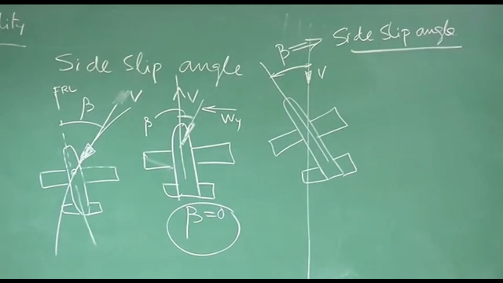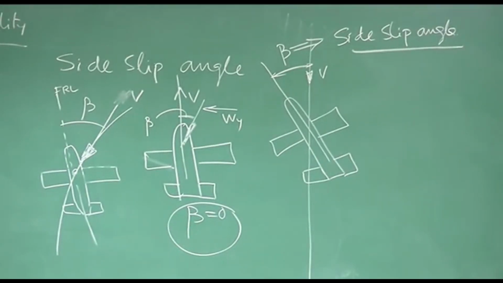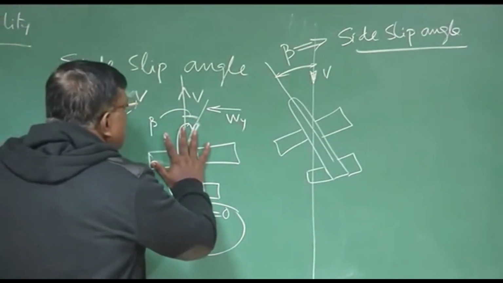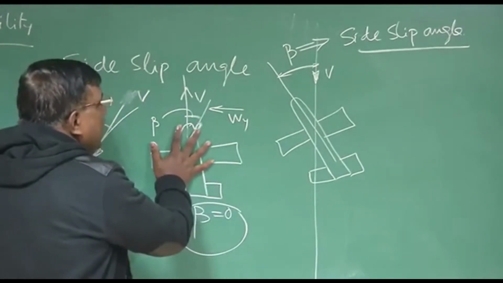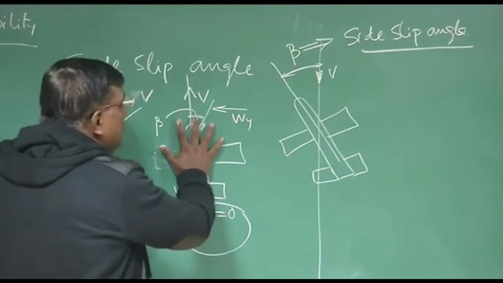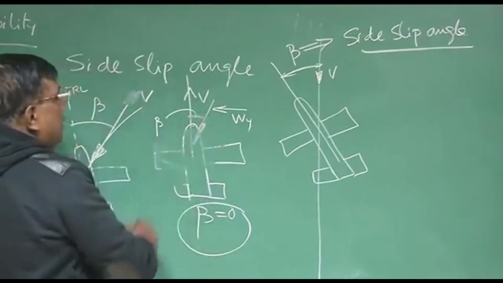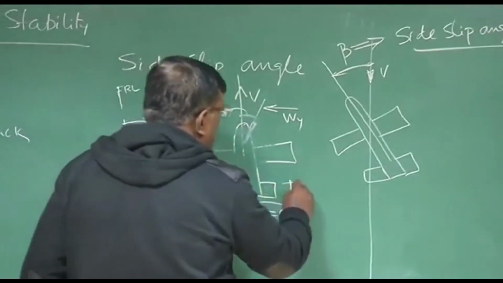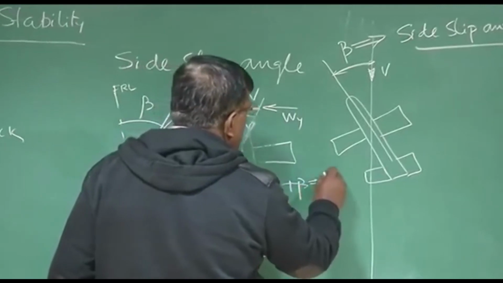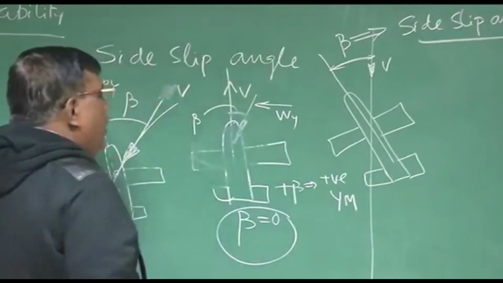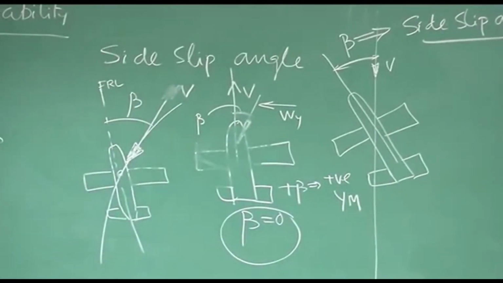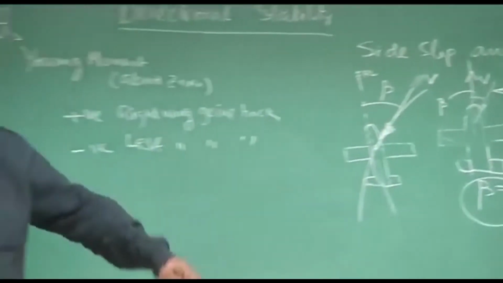So if the airplane has an initial tendency to come back to beta equal to 0, the airplane should immediately generate a yawing moment like this, right wing going back. Then only beta will become 0. Is it clear? So for positive beta, it should generate a positive yawing moment. Why positive? Because as per the convention, right wing going back is positive.